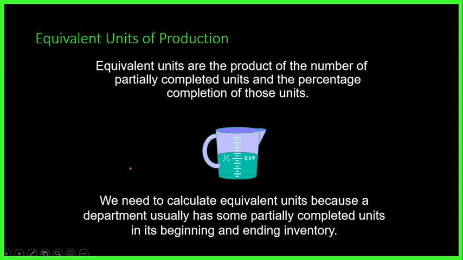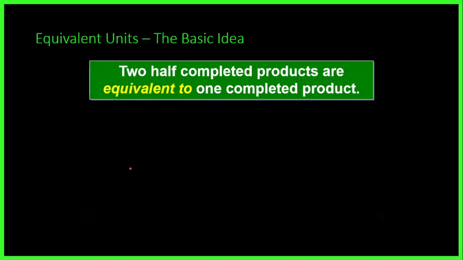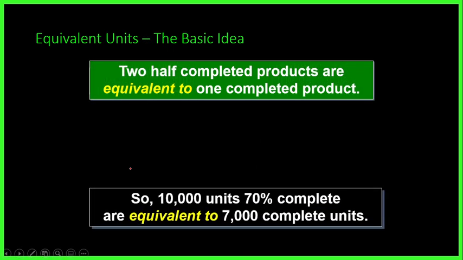Later we will discuss that in the cost of production report. We need to calculate equivalent units because a department usually has some partially completed units in its beginning and ending inventory. So assuming there are two half-completed products, they are equivalent to one completed product.